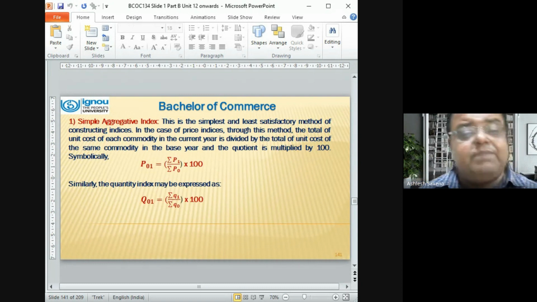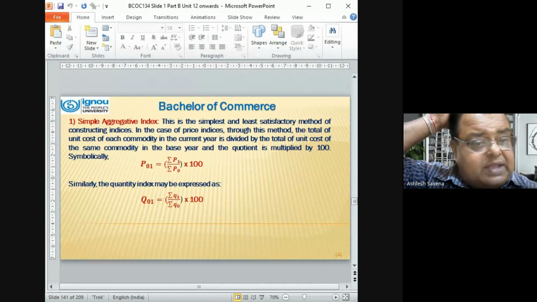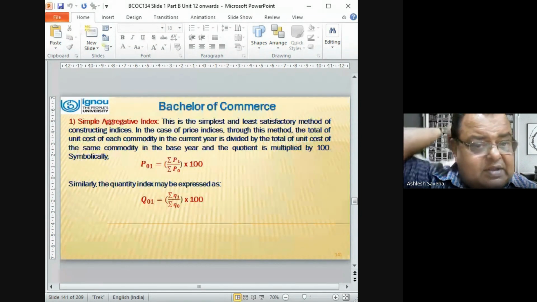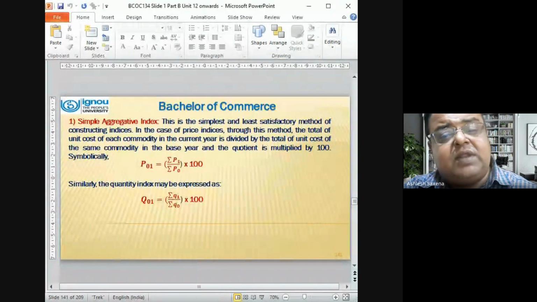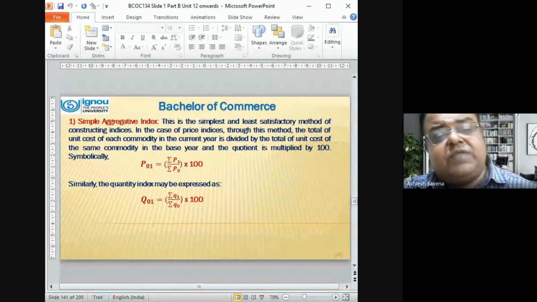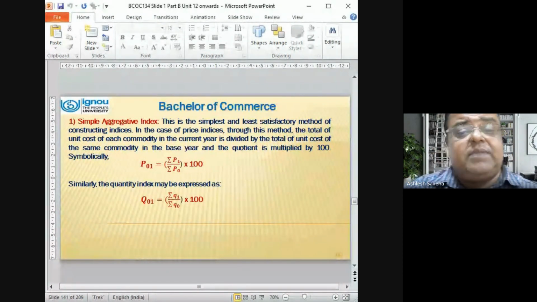The simple aggregative index is the simplest and the least satisfactory method of constructing indices. In the case of price indices, through this method, the total of the unit cost of each commodity in the current year is divided by the total of unit cost of the same commodities in the base year, and the quotient is multiplied by 100.